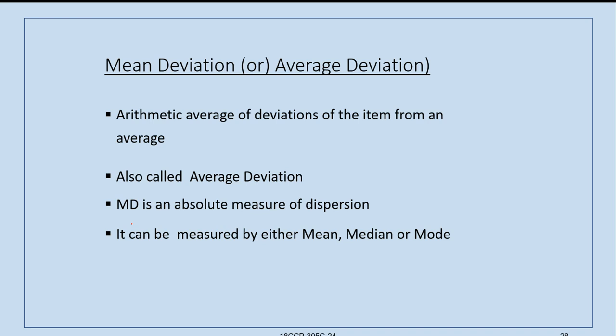That's why it can be called average deviation, median deviation, mode deviation, or arithmetic mean deviation, but simply called mean deviation or average deviation. So mean deviation is an absolute measure. And what is the relative measure? That is the coefficient of mean deviation, that we have to see.